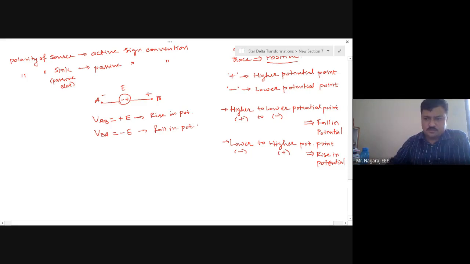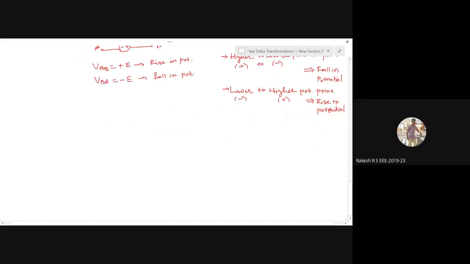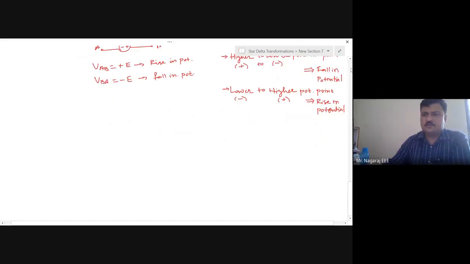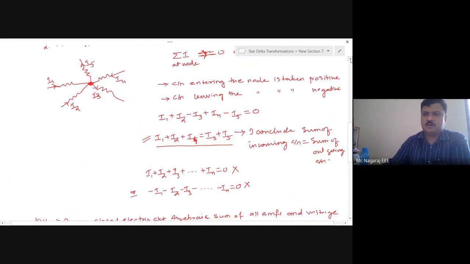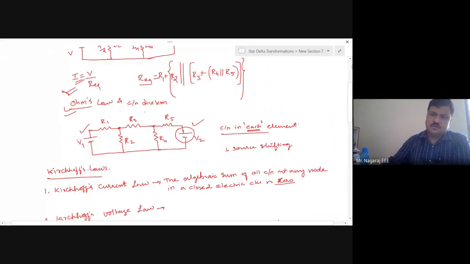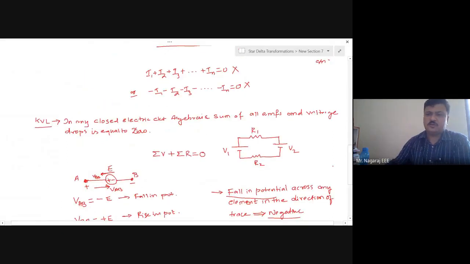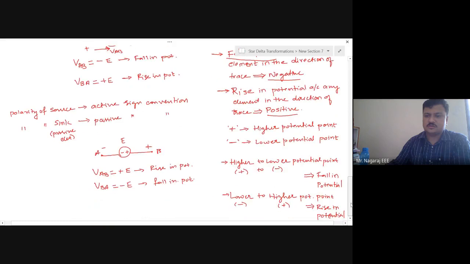Any doubts so far? No, sir. In understanding the convention, in defining the convention, or in defining the laws? KVL is not yet complete. We have to still go to the conclusion. We are simply seeing the process now. We haven't applied it to any circuit and haven't come to any conclusion yet. Any clarifications you need?